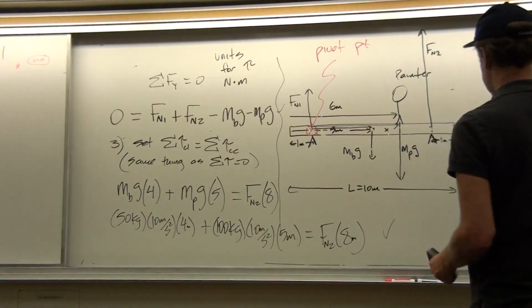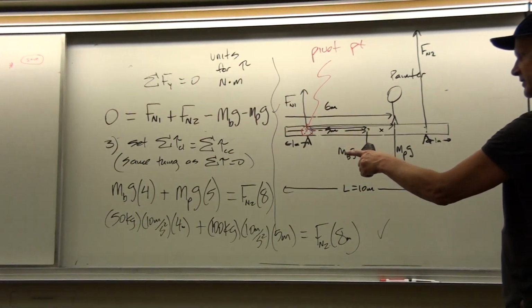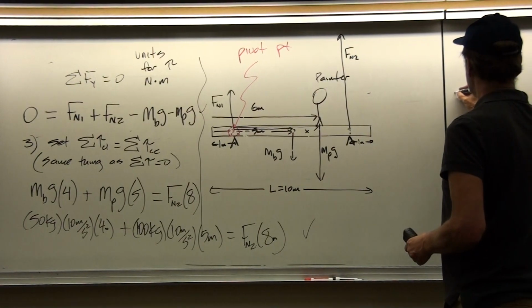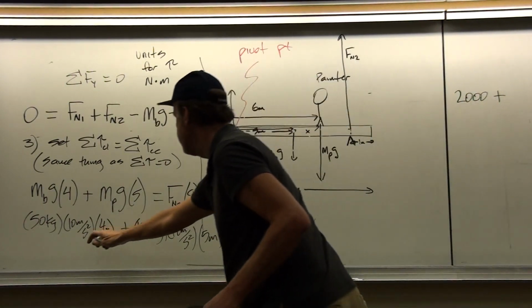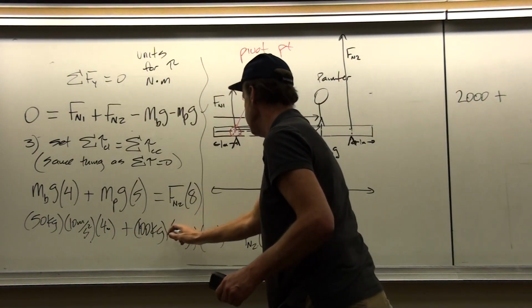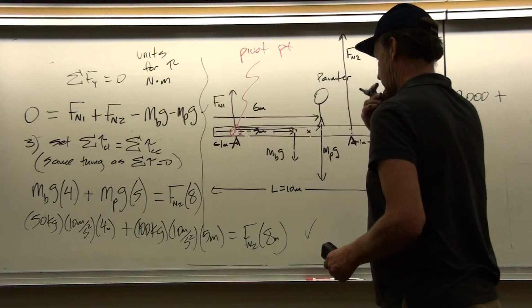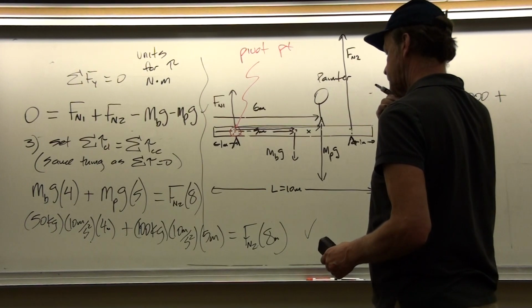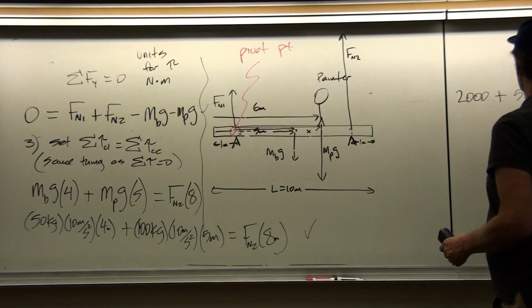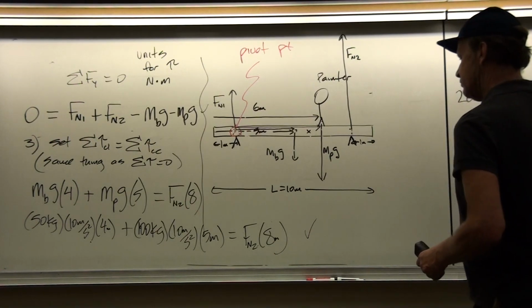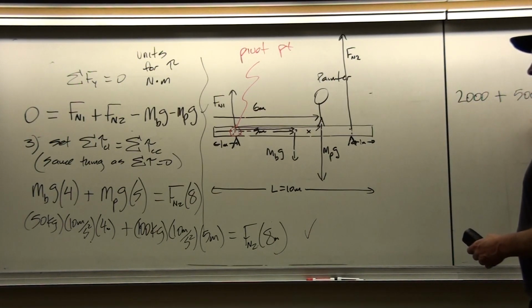Okay, so down there then we've got 50 times 10, that's 500 times 4 is 2,000 for that first term here. For the second term we have 100 times 10 is 1,000 times 5, so that's 5,000. So 2,000 plus 5,000 is 7,000 equals F normal 2 times 8.